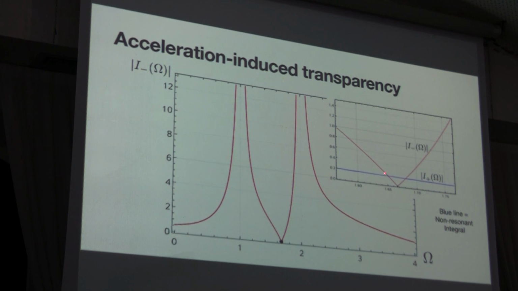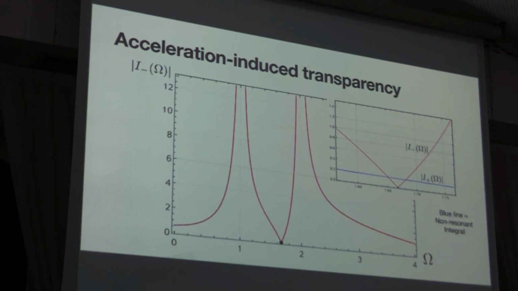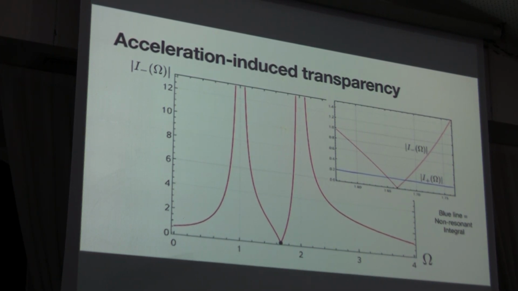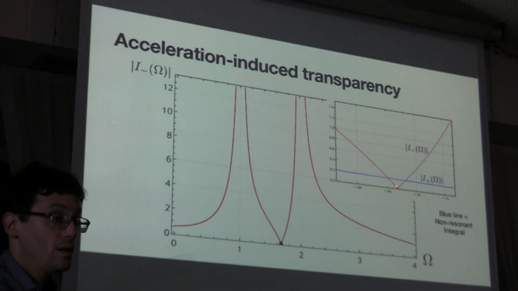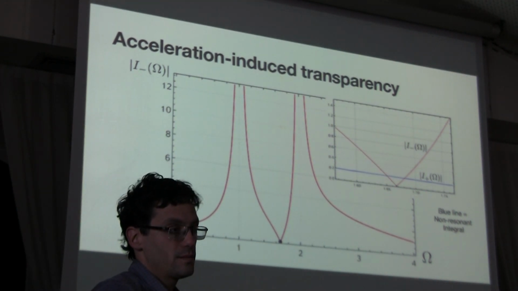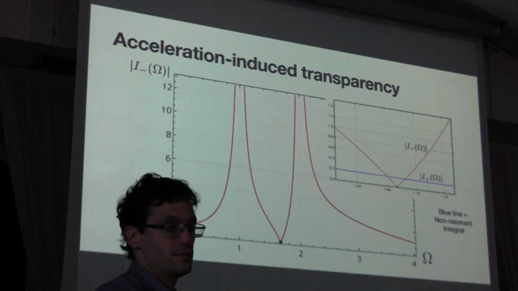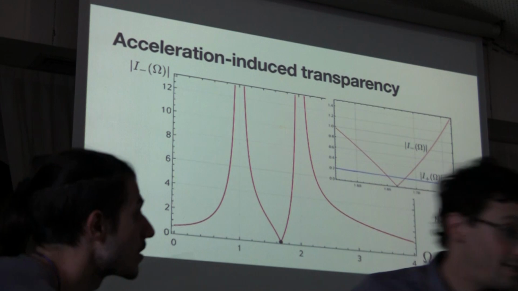You want the non-resonant transitions to be larger than the resonant ones, so maybe by a factor of 10, and that's how precise you have to be in doing a trajectory to have stronger non-resonant than resonant effects. You can see it in this plot. So there is some region where one could have an accelerating detector that could satisfy this concept. And it requires some fine-tuning.